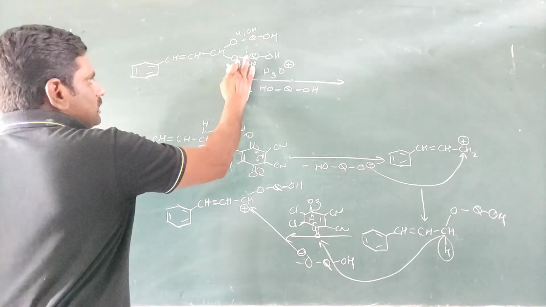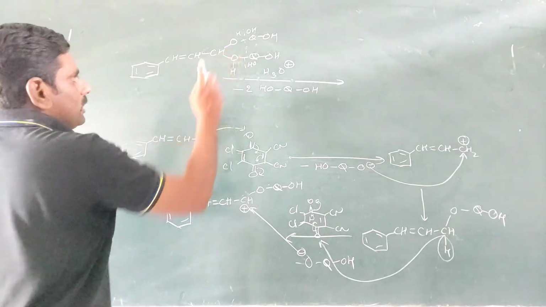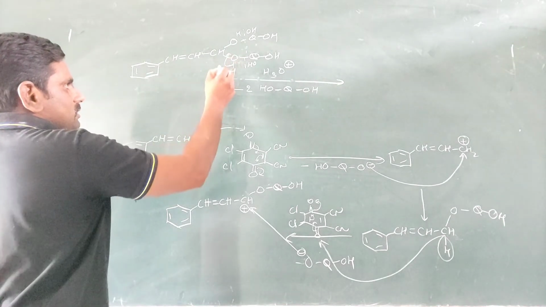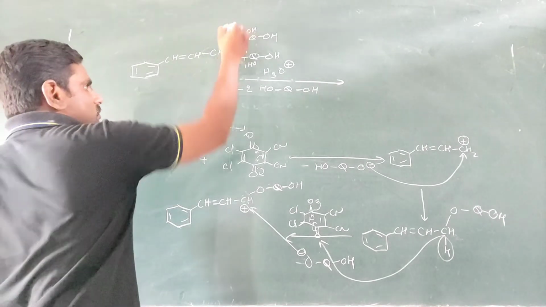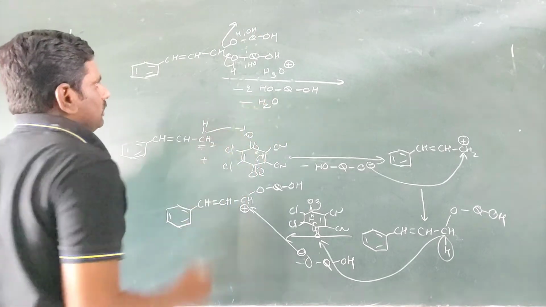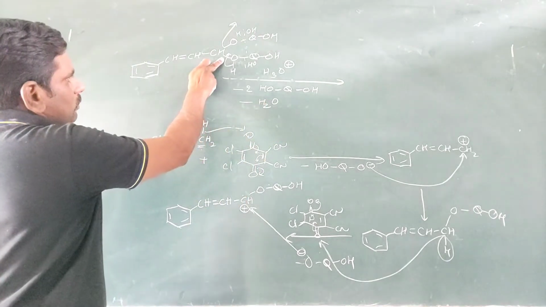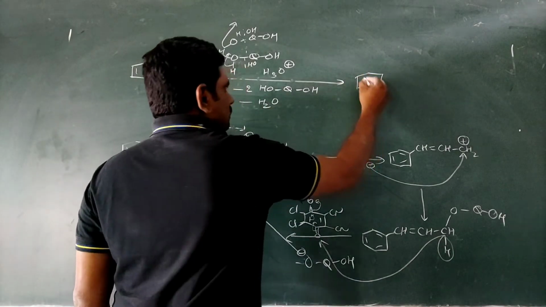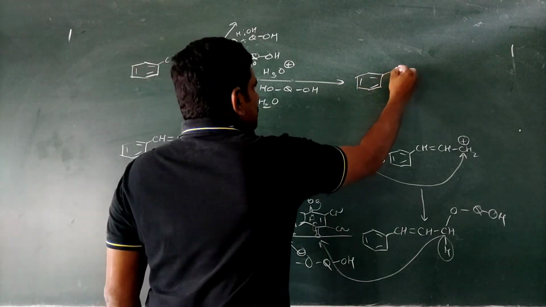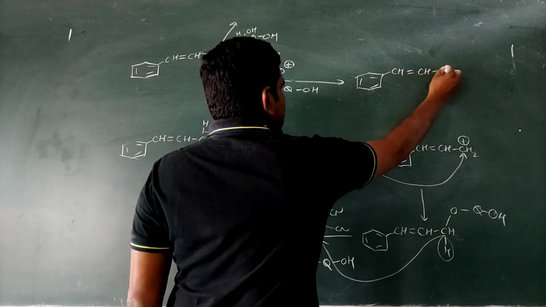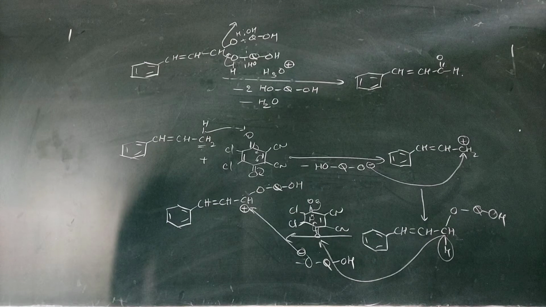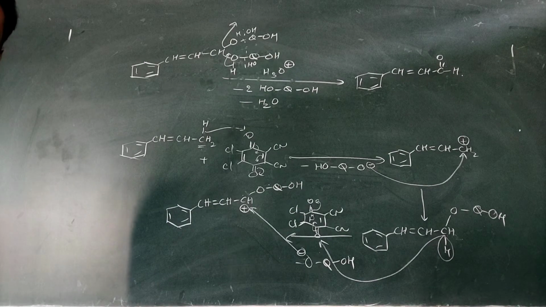So you know, students, I write it directly. If two OH groups are present on the same carbon, it undergoes dehydration due to instability. So a water molecule is also lost, and CH double bond O becomes the product. CH double bond CH. So this is the mechanism involved in insertion of oxygen.